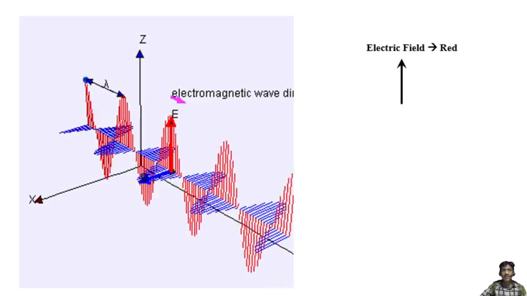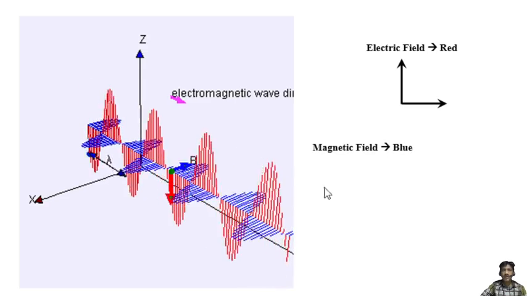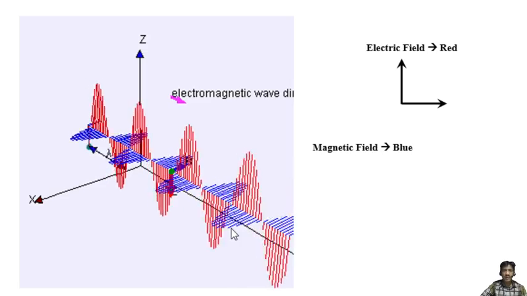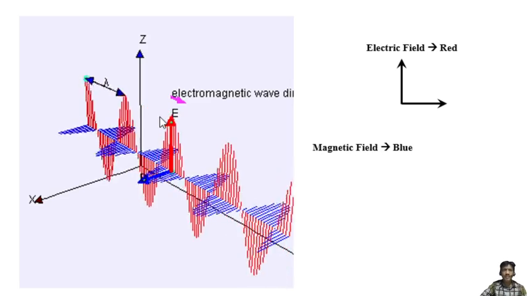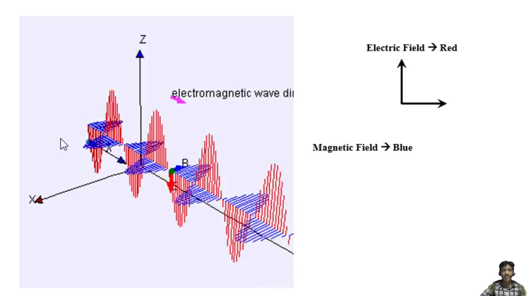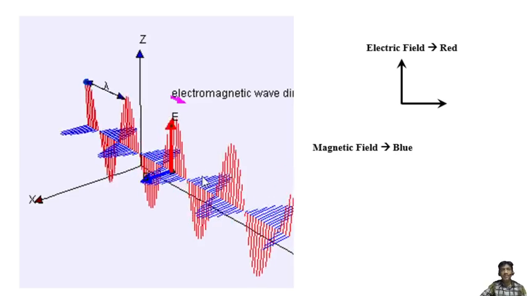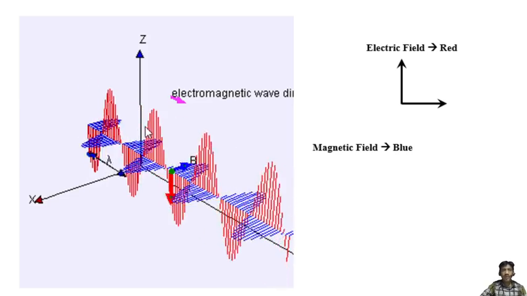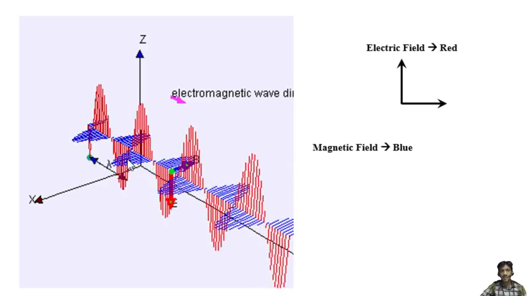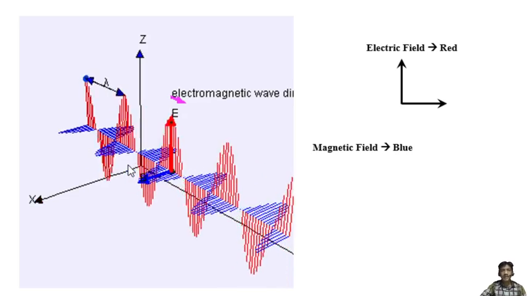Similarly, the blue color is the magnetic field. The red color means electric field, blue color means magnetic field. Both the electric field and the magnetic field are perpendicular to each other. Perpendicular means exact right angle.